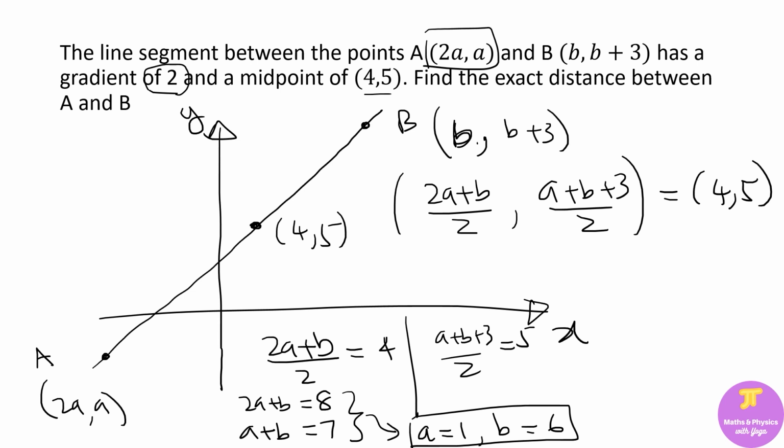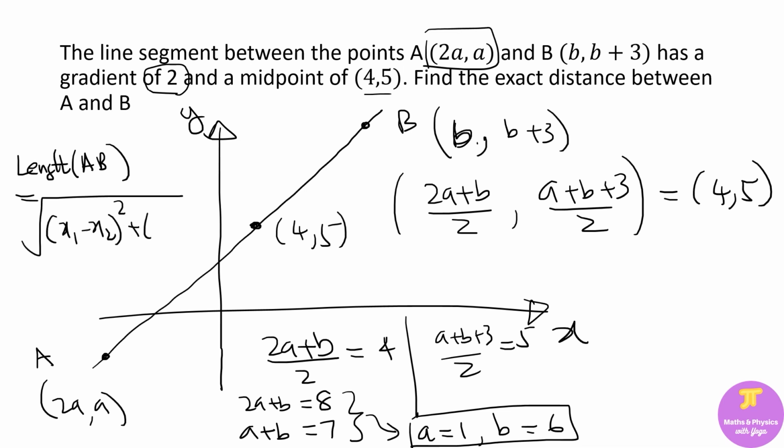Now the question is, find the exact distance between A and B. How do you find the length AB? AB is the square root of (x1 minus x2) squared plus (y1 minus y2) squared. Let me put the coordinates of A and B. A is (2, 1) and B is (6, 9).